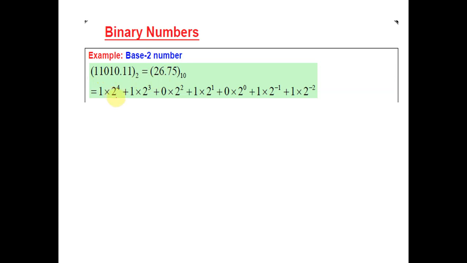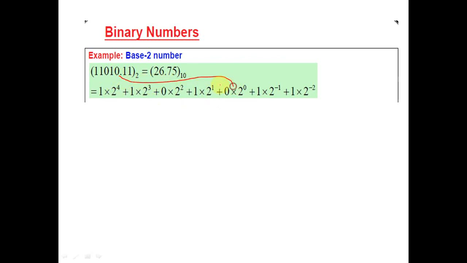How is it converted? See here, this is the given number. It has weights 2 raised to 0, 2 raised to 1, 2 raised to 2, 2 raised to 3, and 2 raised to 4. So write here 2 raised to 0, 2 raised to 1, 2 raised to 2, 2 raised to 3, 2 raised to 4.